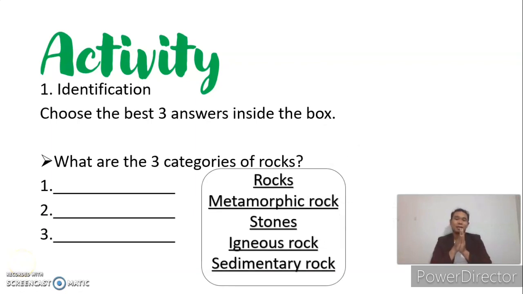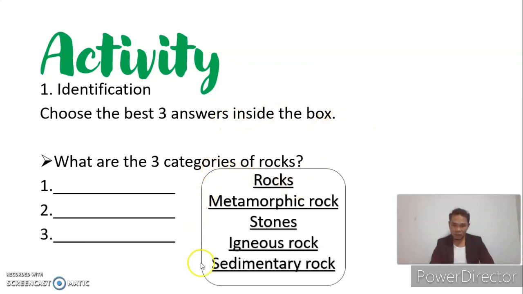Okay, let's proceed to our activity. Number one, identification. Choose the best three answers inside the box.